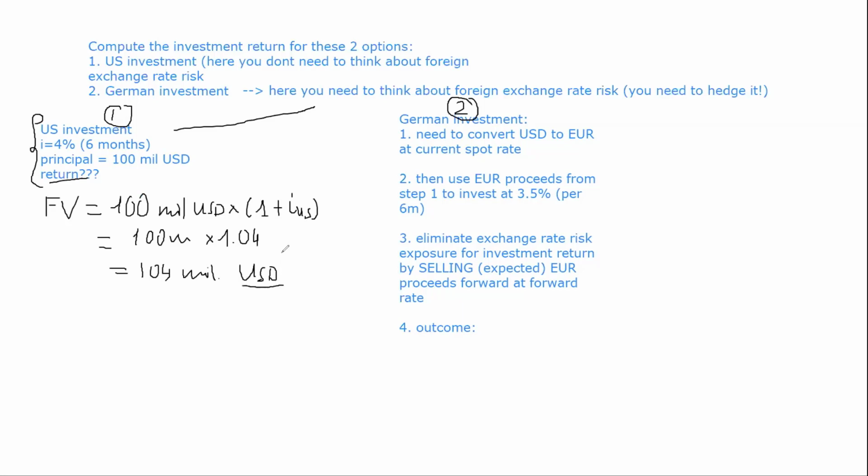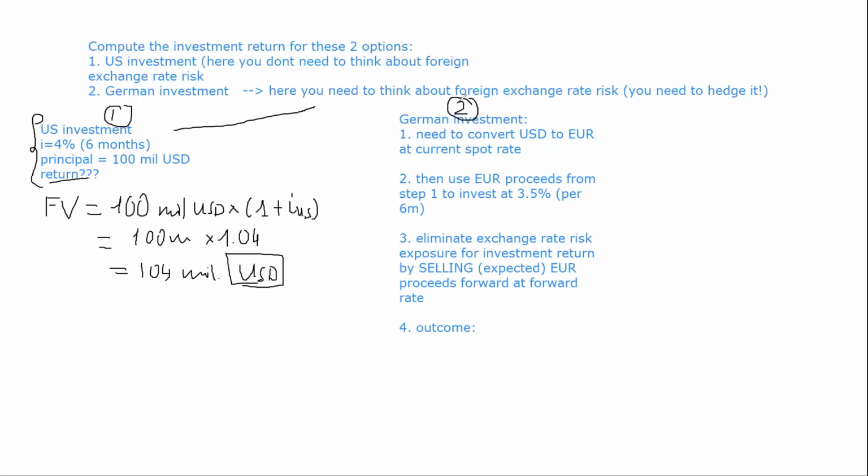I'm just going to highlight the currency here so we know we're talking about the domestic currency. So in the first option, we do not need to worry about exchange rate exposure because we're dealing in the home currency. Okay.